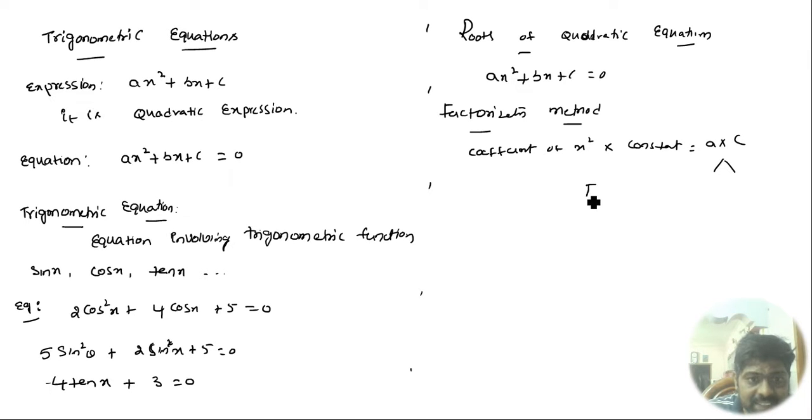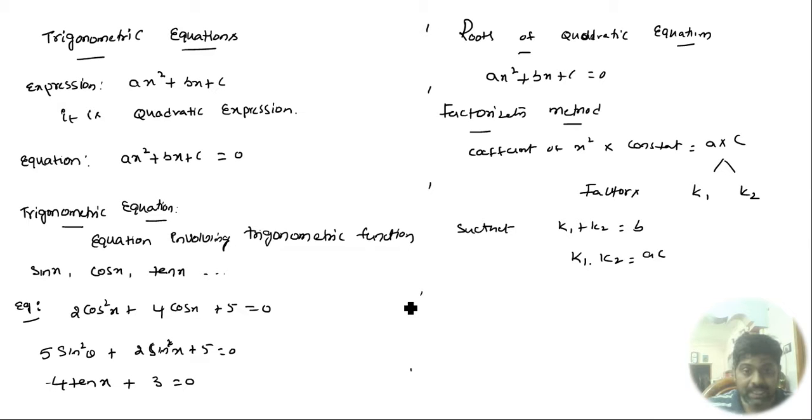We find factors k1 and k2 such that k1 plus k2 gives b, and k1 into k2 gives ac.